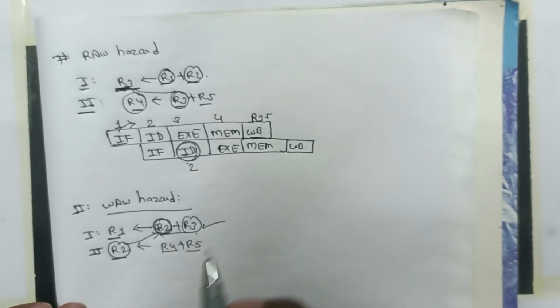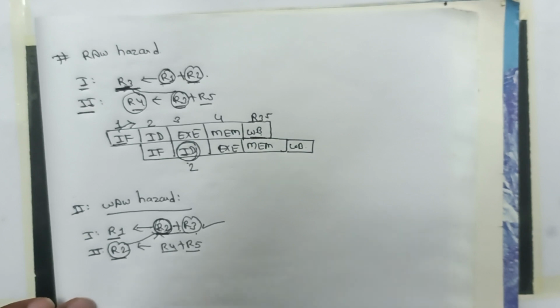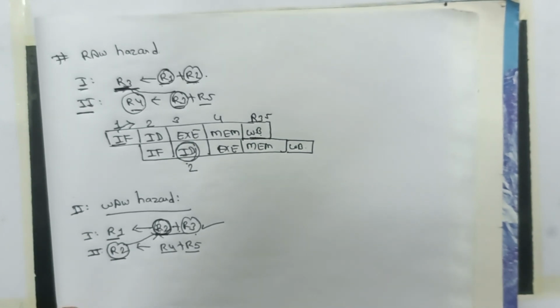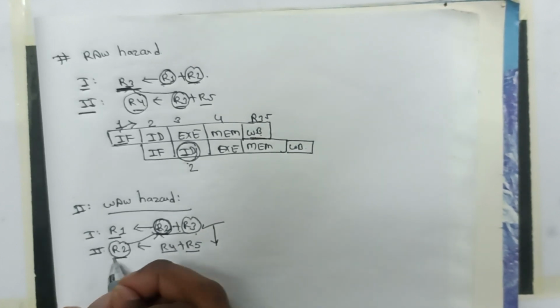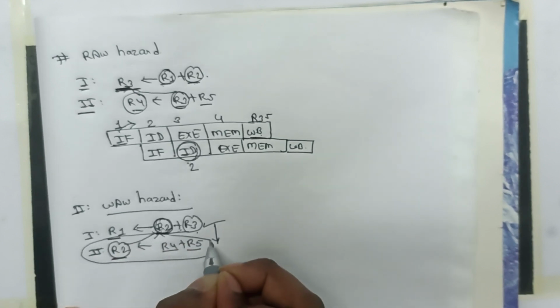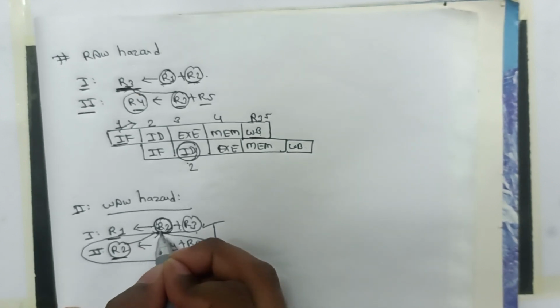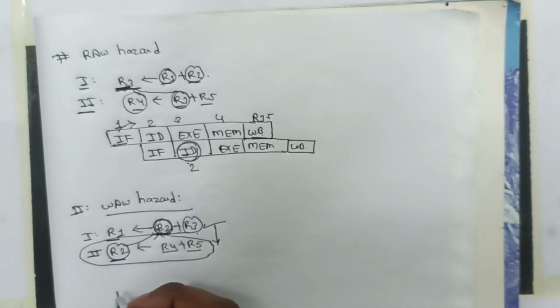When we decode, this R2 value gets updated previously. But we know that instructions execute step by step. If this R2 is executed first, then the R2 value is updated. Because of this, the write after write hazard occurs.